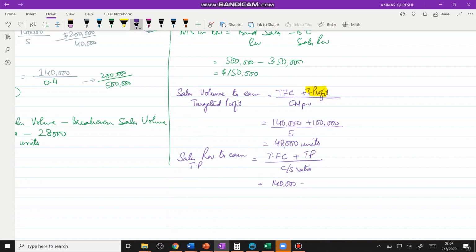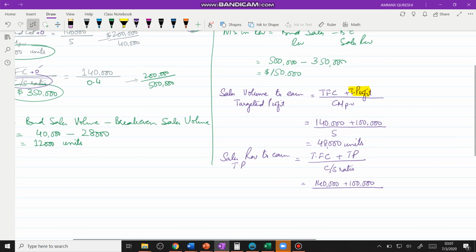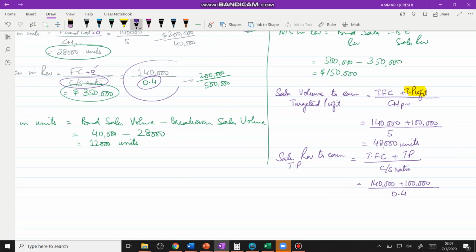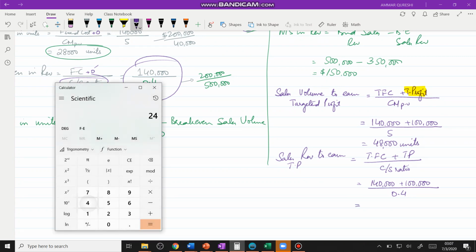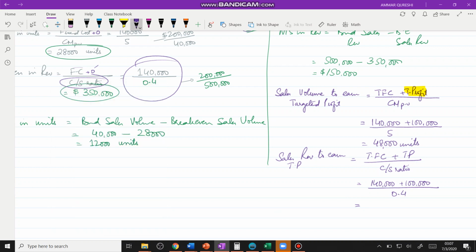The numerator will remain the same, and the CS ratio was around 0.4. We have already calculated that. So instead of just dividing 140 by 0.4, we divided 140 plus 100,000 by 0.4, whatever profit we want, and got 600,000. We must generate a revenue of 600,000.